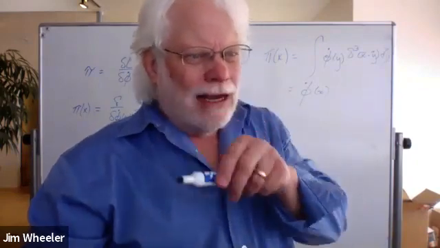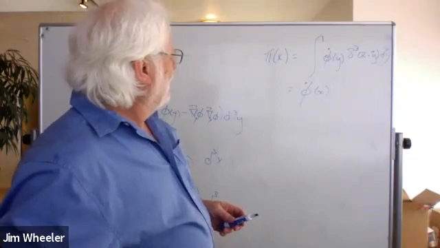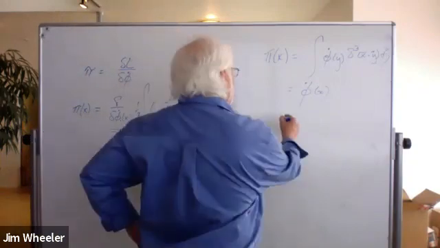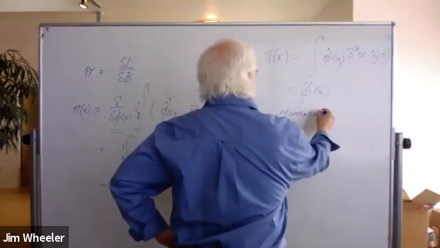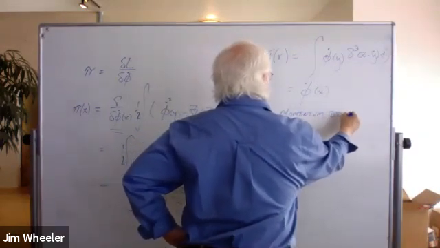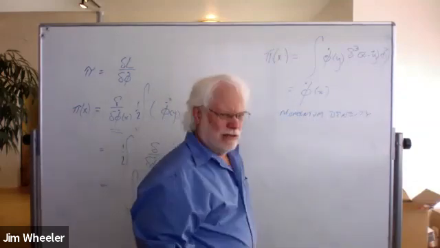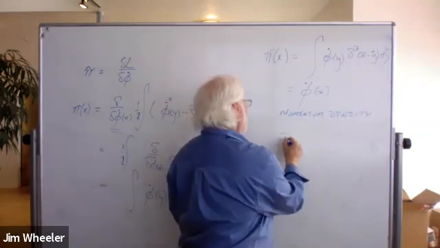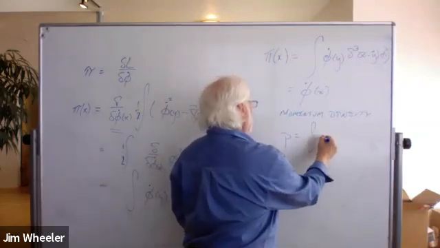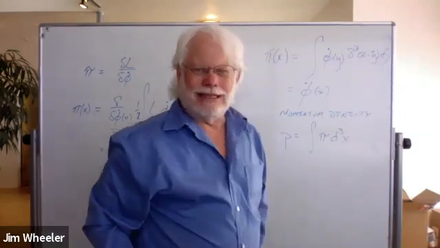So actually what this object is, is a momentum density. You can follow through with units, but if you want to find the total momentum of the field, you have to add that up over all space, something like this.